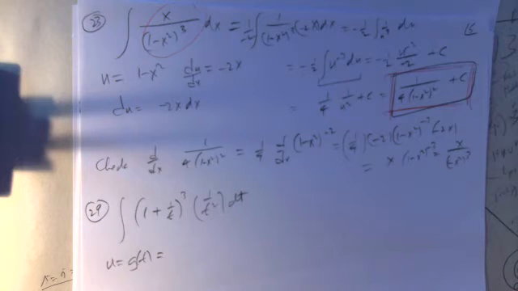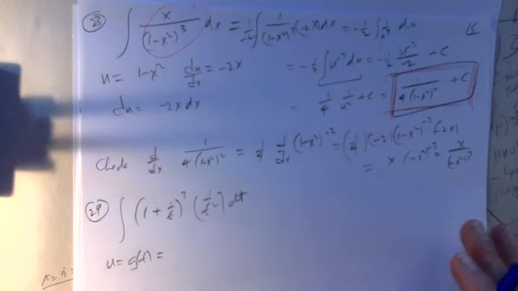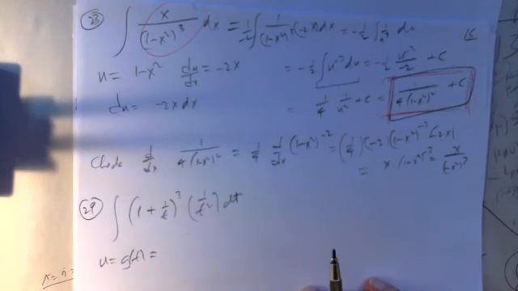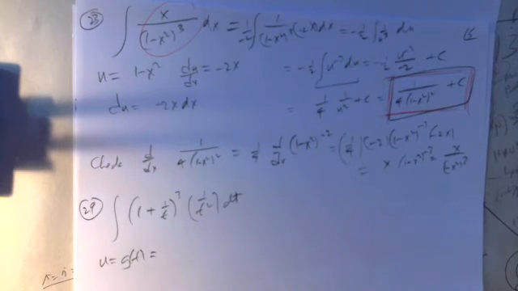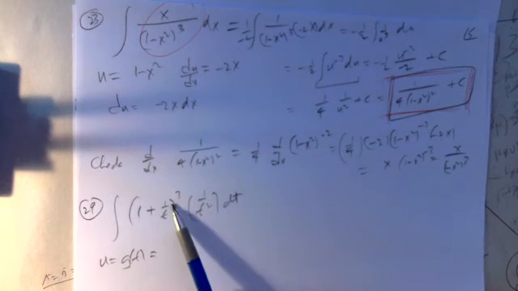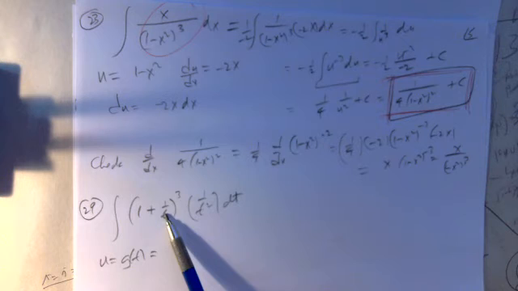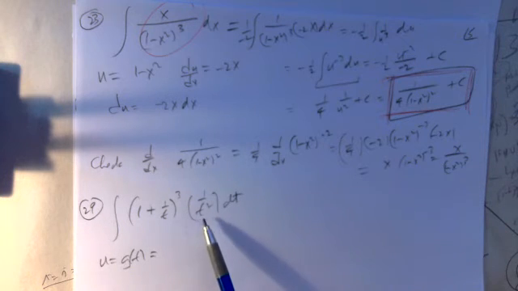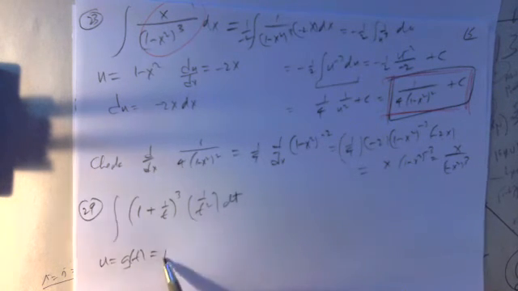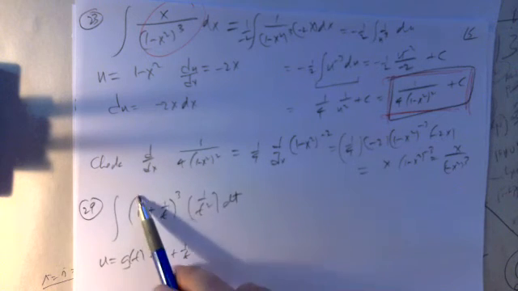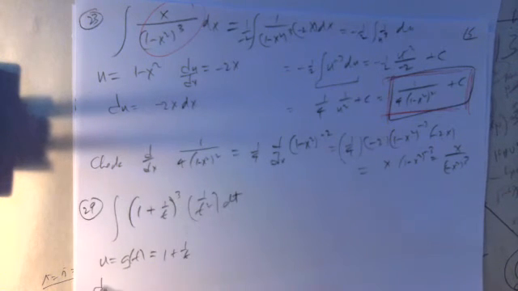Well, again, you have to understand. I mean, you really need to know calculus well to solve these integration problems. The derivative of 1 is 0. The derivative of 1 over t is minus 1 over t squared. That is, if you let u be equal to 1 plus 1 over t, du dt is what?